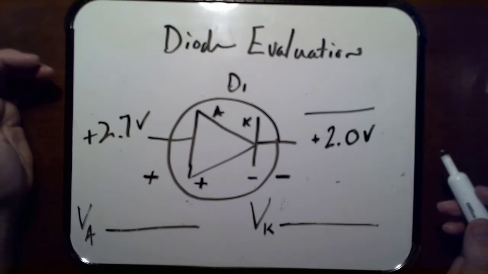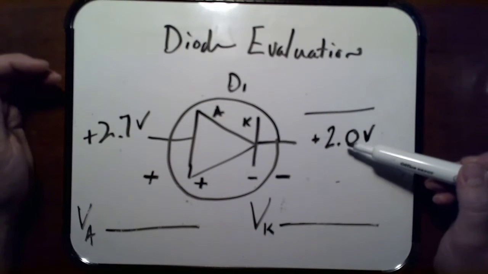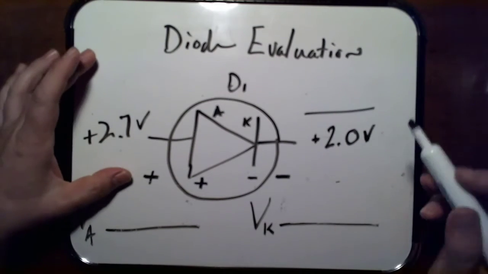Where am I more negative? Okay, I'm more negative here. I'm closer to 0 at 2.0 than I am at 2.7.